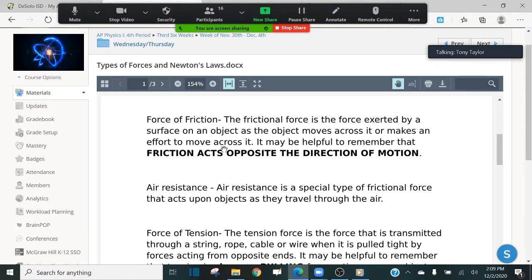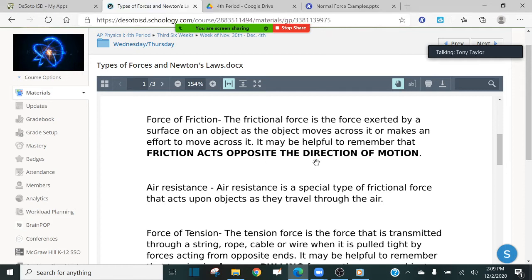We talked about the force of friction: friction acts opposite the direction of motion. Now, let's talk about air resistance. Air resistance is a special type of frictional force that acts upon objects as they travel through the air.